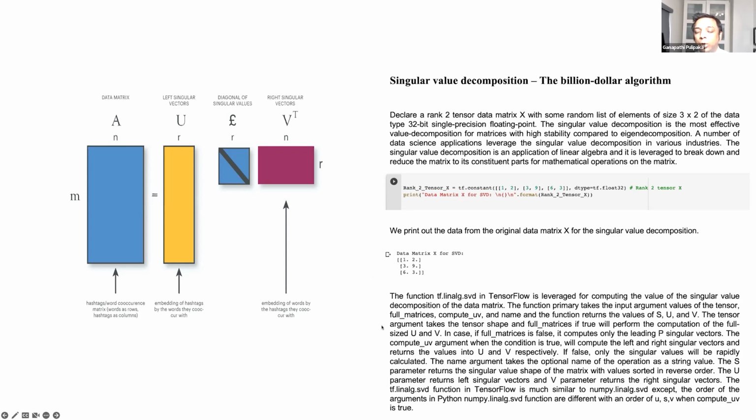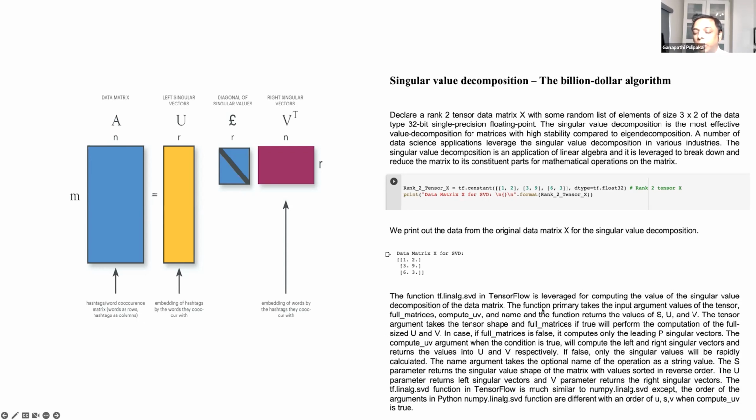And again, as I told earlier, TensorFlow has a lot of built-in functions as opposed to Python, where we have some functions but may not have others. But we can leverage tf.linalg.svd. Basically, tf.linalg.svd is a function for computing the singular value decomposition of the data matrix.